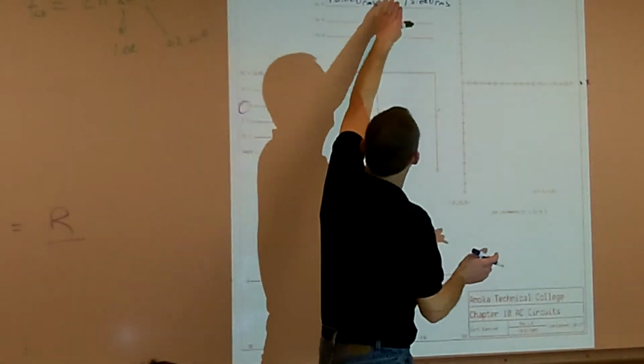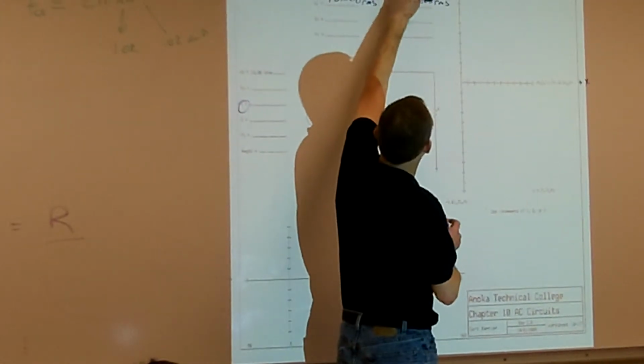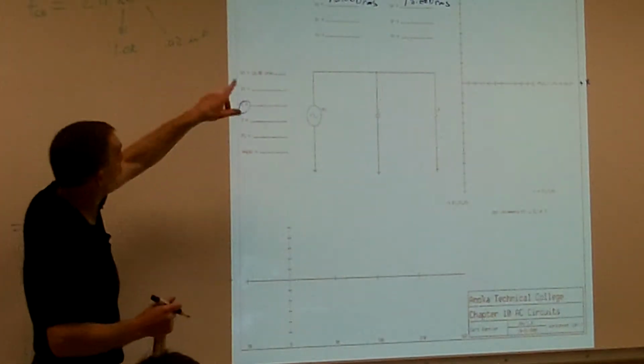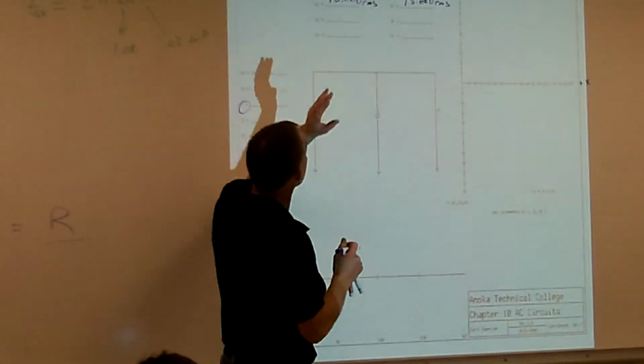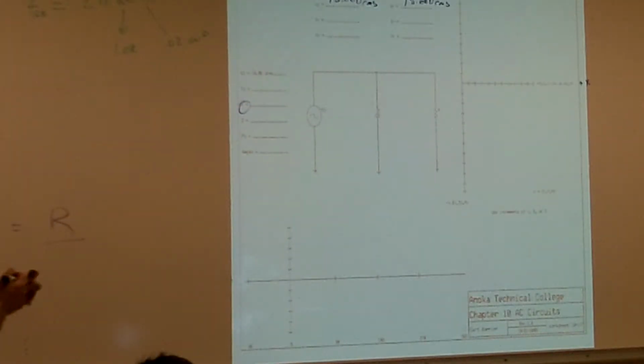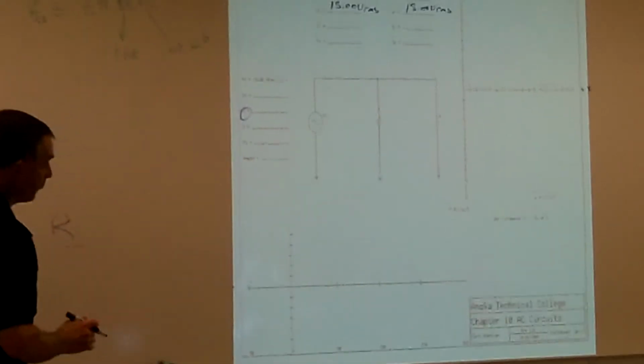Put in your 222.2 microsiemens, hit your second XY, put in 166.7 microsiemens, hit your second, and go rectangular to polar, and we should find our total conductance and our angle at the same time.